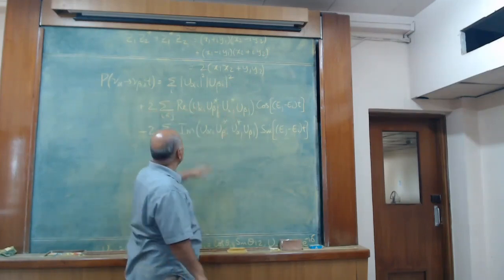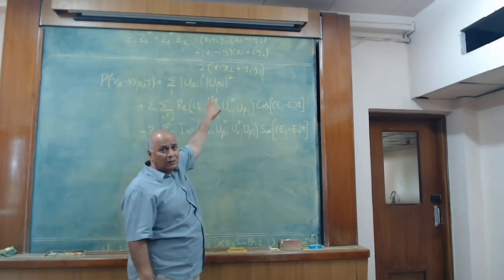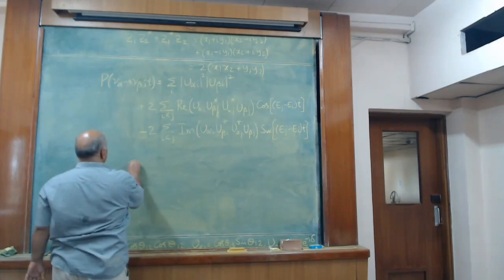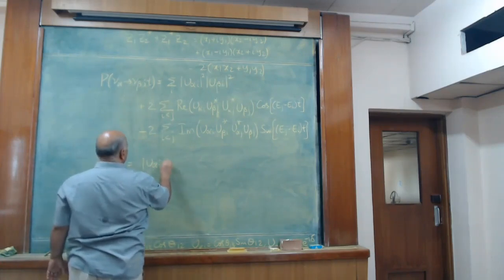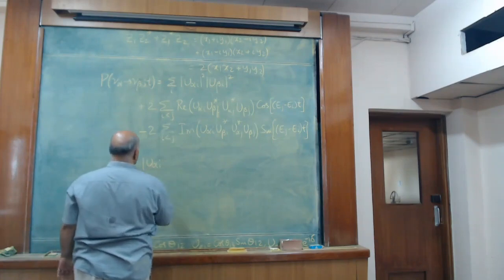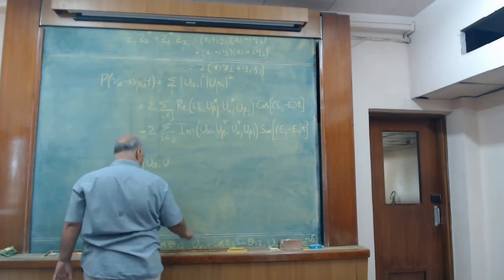If I do so, then one term combines with this and I get mod u alpha i, rather I get this.